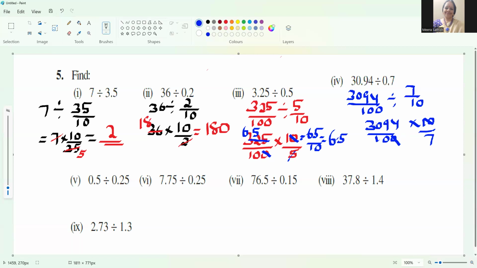Now divide 3094 by 7. On dividing, we will get 4 7s are 28, 2, 29. Again, 4 7s are 28, 1, 14, 2. So 442 by 10. So this will be 10 in the denominator, so 1 decimal place. So 44.2.